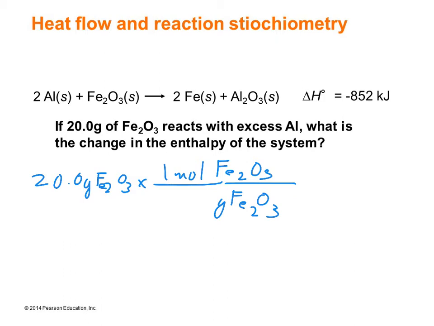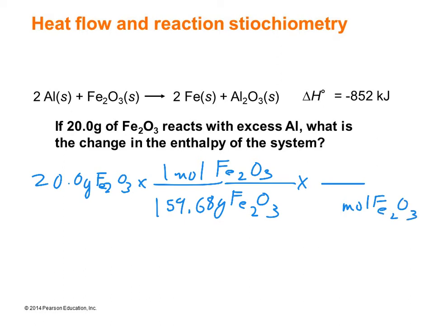I've got 2 irons at 55.845 plus 3 oxygens at 15.9994, which gives me 159.68 and change. I have moles of iron(III) oxide.